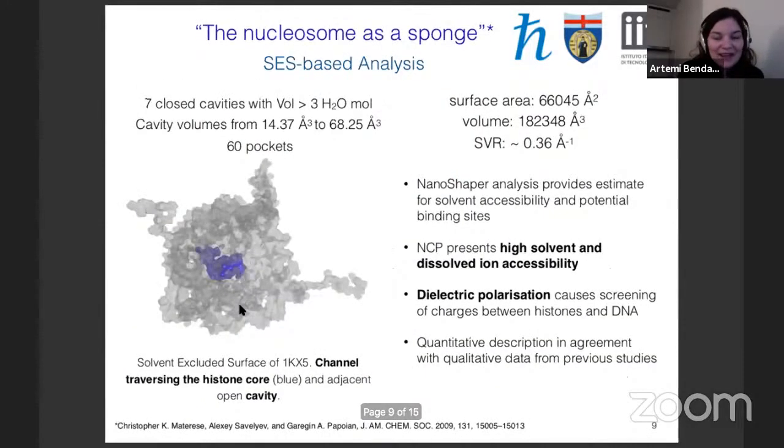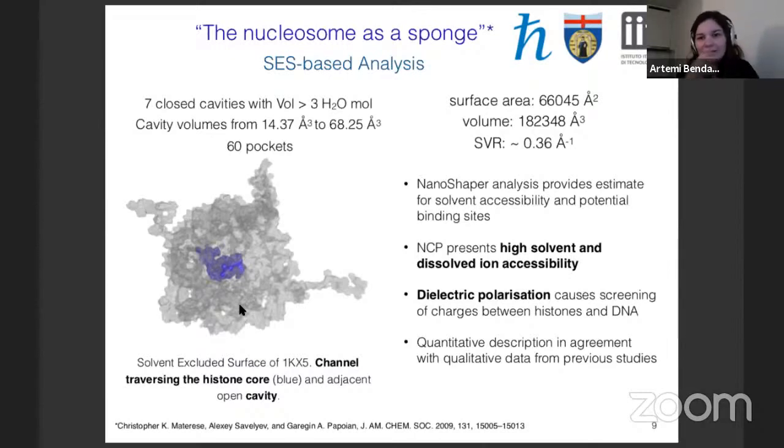So something else that I mentioned at the very beginning, besides linker DNA, besides just treating nucleosomes as spheres, I said that I would try to convince you of the importance of solvation in this system. So what we did is that using NanoShaper, we looked at the porosity of the nucleosome.